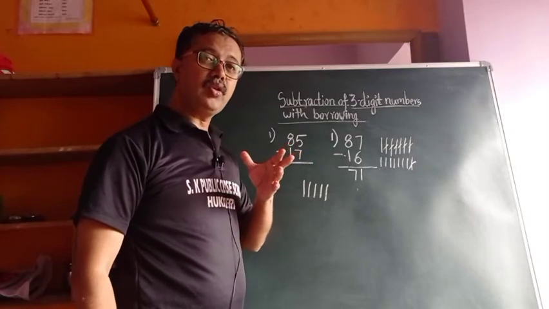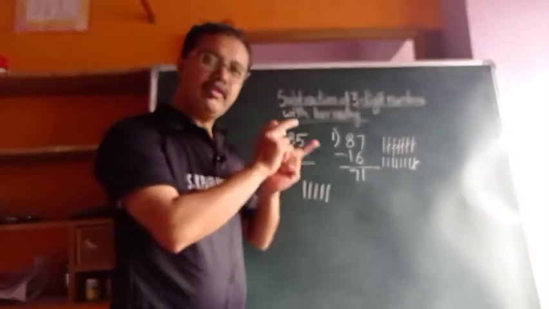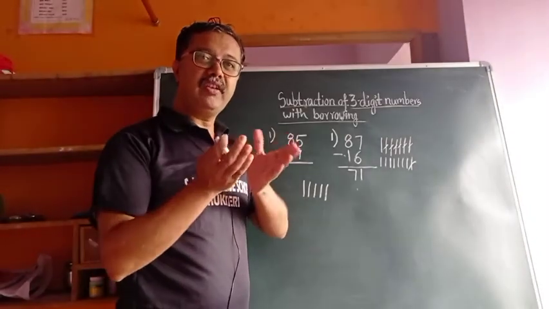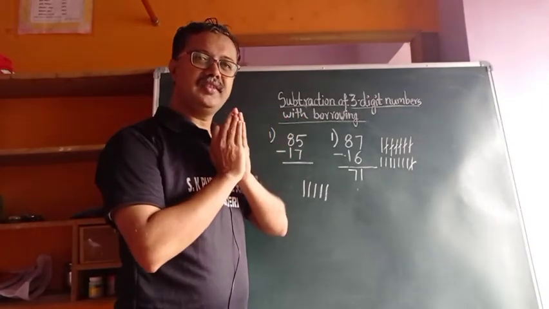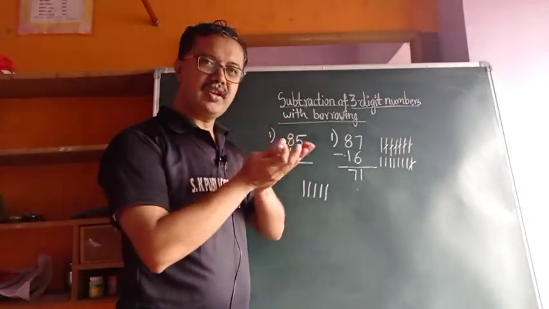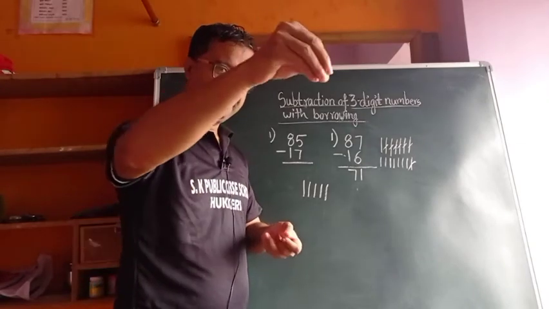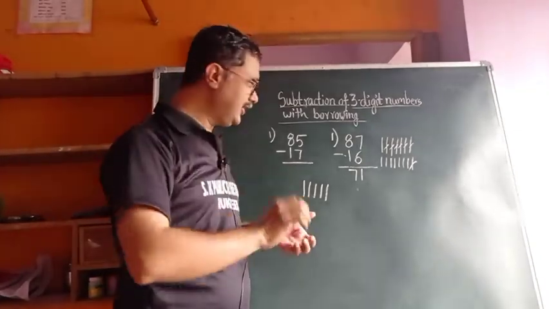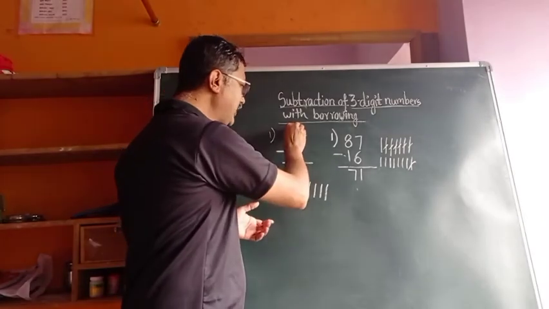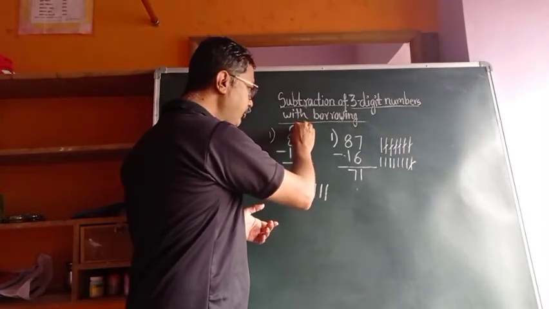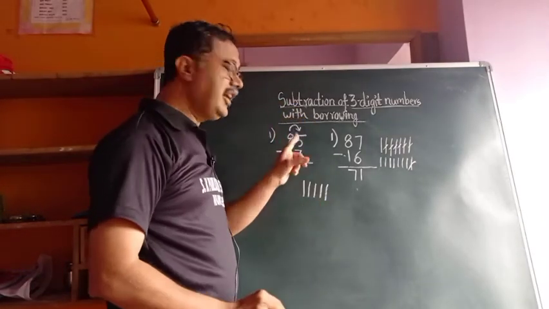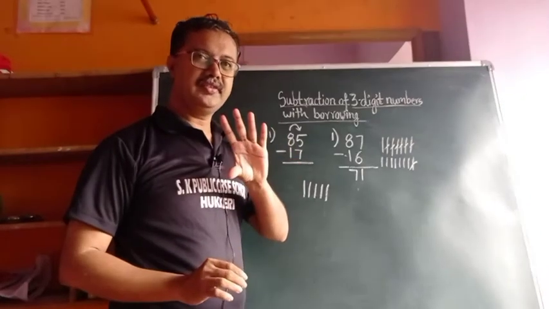At that time what do you have to do? You will go to your parents and ask for some chocolates. Then what will they do? They will give a bundle, a bundle of 10 chocolates. From the tens place, we are borrowing 10 chocolates.